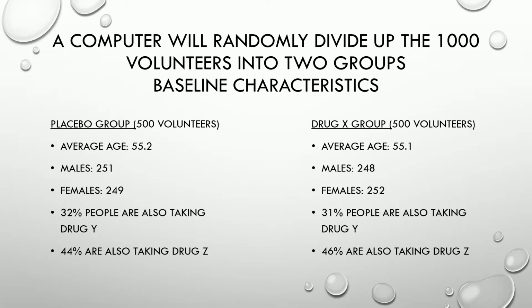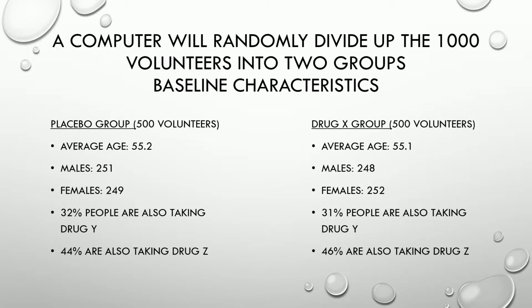Now, you have to also control for other things, so people will also be taking other drugs at the same time. The computer made sure that there's about 32% of people in the placebo group versus 31% of people in the drug X group that are taking drug Y. Ditto for drug Z. The computer also made sure that an equal number of people are taking drug Z in both groups.